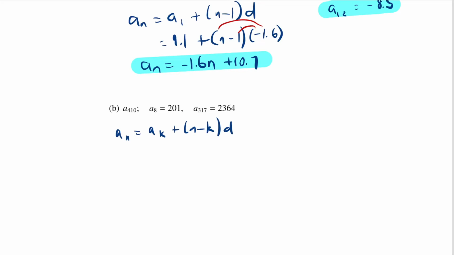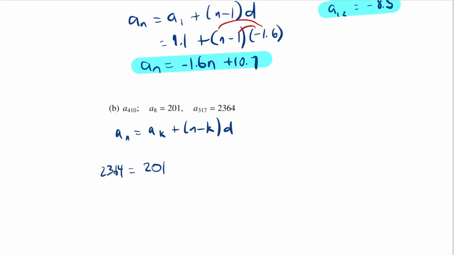All right, so let's see what we got. Let's go with, this is our n, our a sub n. This is our n. This is our a sub k. This is our k. So we got 2364 equals 201 plus n, which is 317, minus k, which is 8, times the common difference, which is unknown.